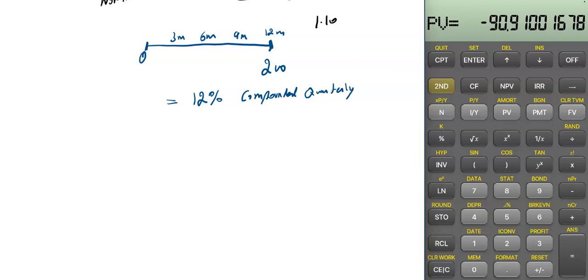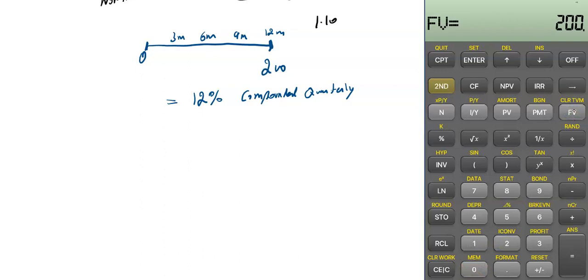So remember, if there is a single cash flow, whether it is compounded quarterly, monthly, continuously, or annually, you can directly calculate its present value. And how to do that? Put the 200 as a future value.